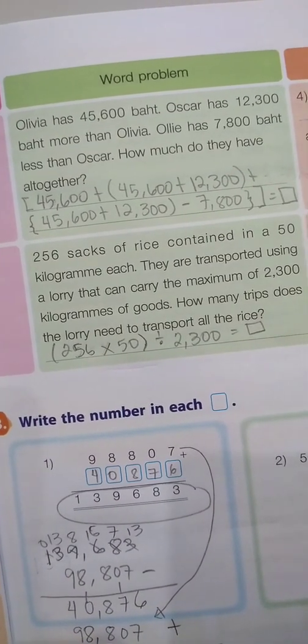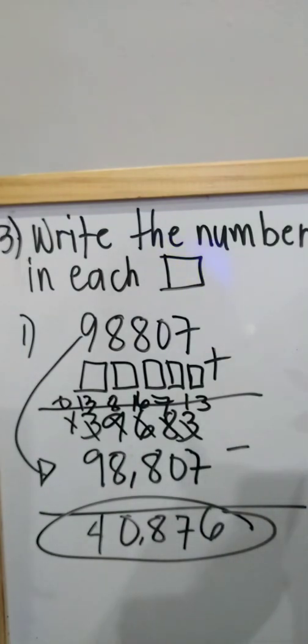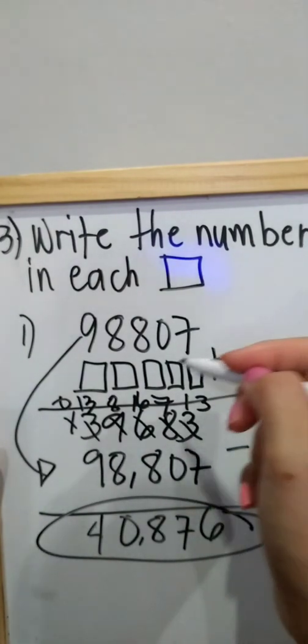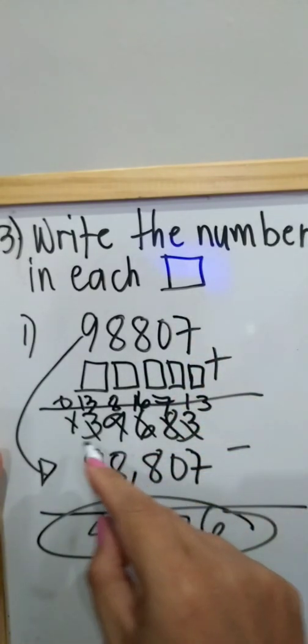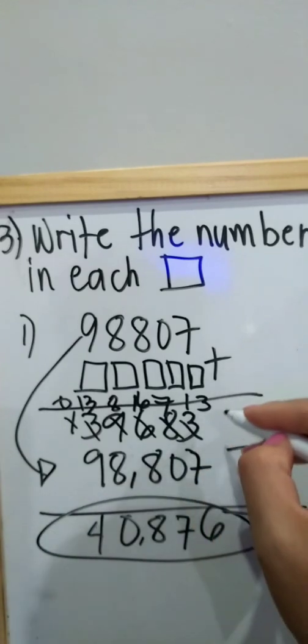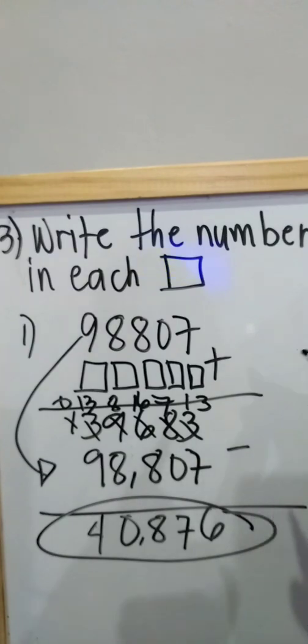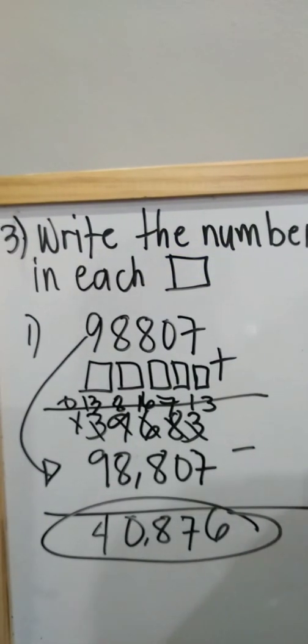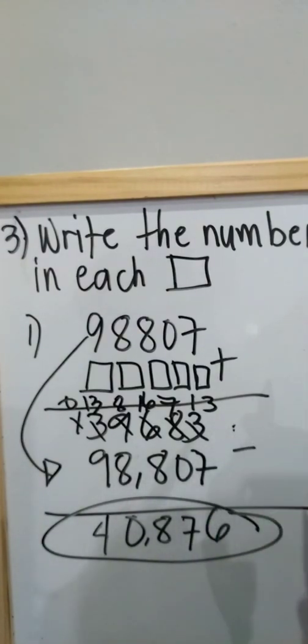98,807 plus blank is equal to... So to get the answer, let's subtract the sum, 139,683, from the addend.